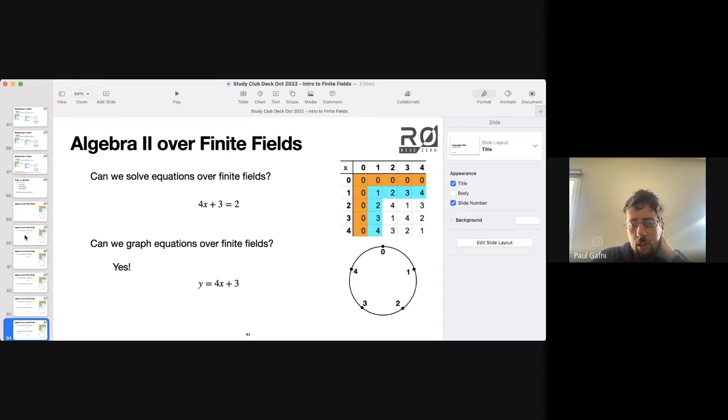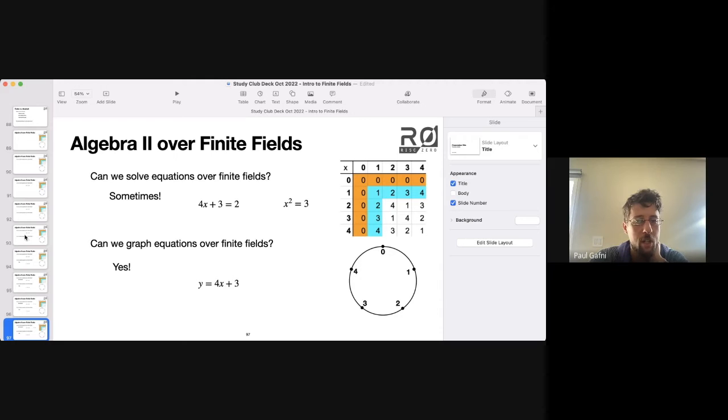And it turns out the answer is, yeah, we can definitely graph equations over finite fields. And sometimes we can solve equations over finite fields. In particular, the first equation that I have up there does have a solution. X equals 1 satisfies that first equation.